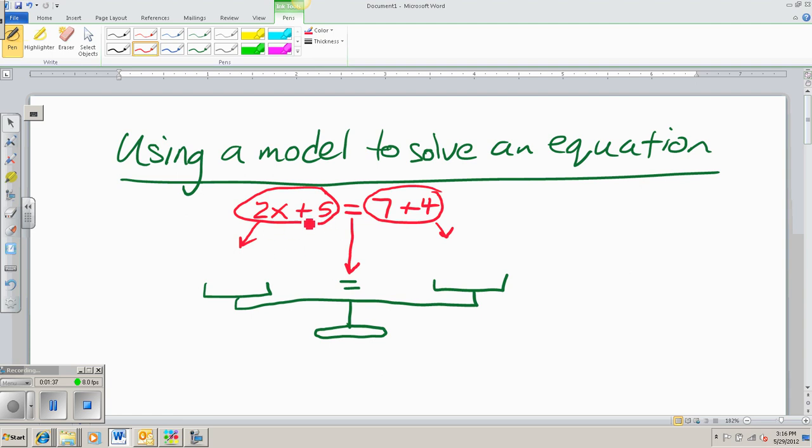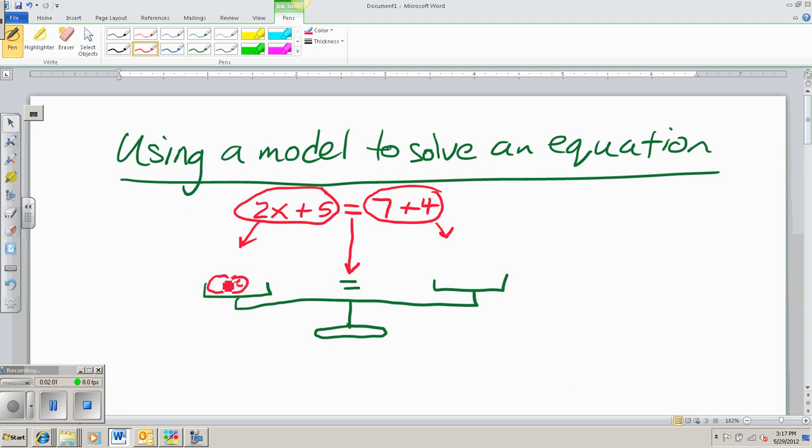Okay, so how are we going to represent it? We can think back to using tiles. We'll think of this as weight. So here we have 2 of an unknown weight and let's say 5 grams. I'm going to put the unknown weight in a circle because it's unknown.